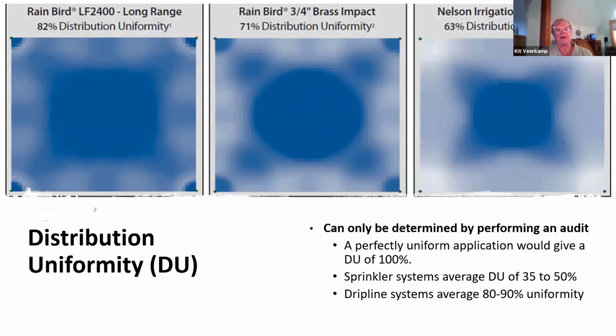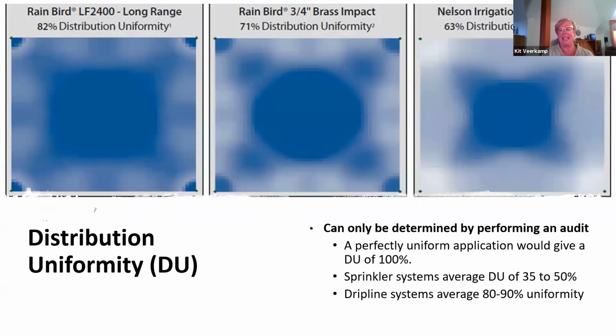Distribution uniformity is a term that has to do with how evenly water is applied by a sprinkler in particular, and then the spacing of those sprinklers. What's really challenging and why sprinklers are not efficient is simply because it is very difficult to get a sprinkler to apply water out uniformly, number one.